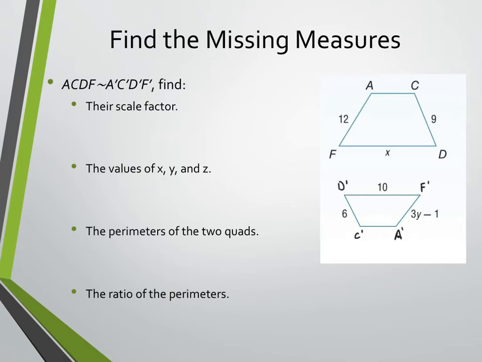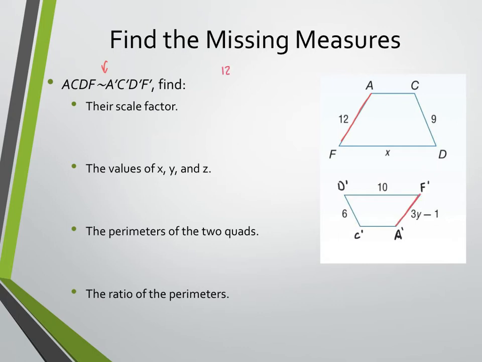Now let's get a little more advanced. So here we have two pictures. We're told that they are similar, and so now we need to find the missing sides. So using my similarity statement, I'm going to find my sides. I see that AF would be the same thing as A prime F prime.